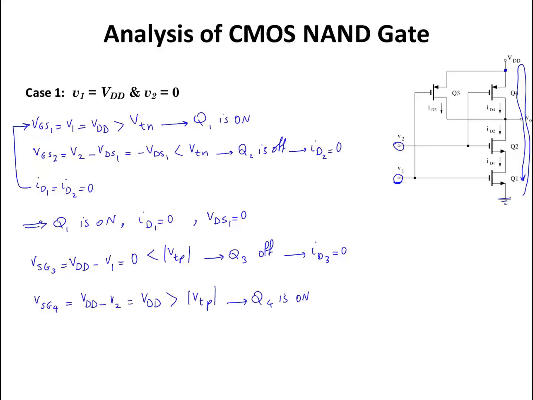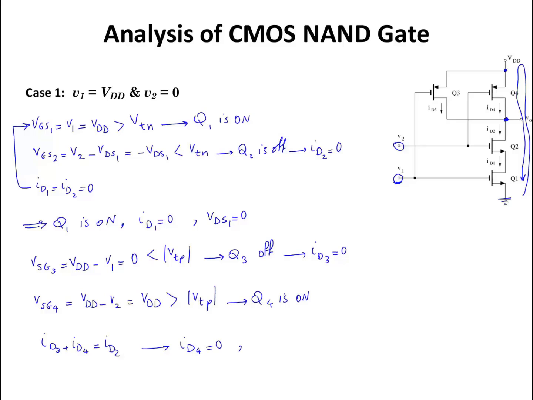Now I need to check the state of Q4, and I need to take a look at the current ID4. So I'm looking at the KCL that we wrote for the output node, and I know that ID3 plus ID4 is equal to ID2. Since ID3 and ID2 are equal to 0, ID4 is also going to be equal to 0. So transistor 4 is on with drain current equal to 0.